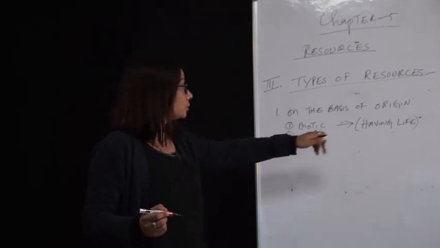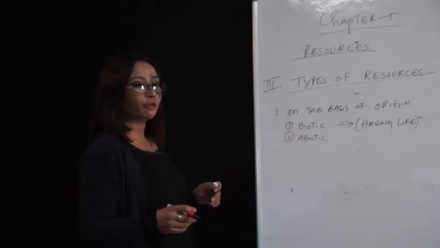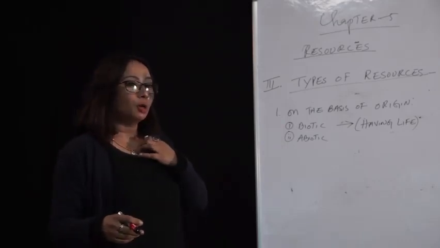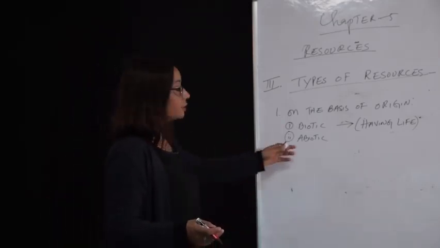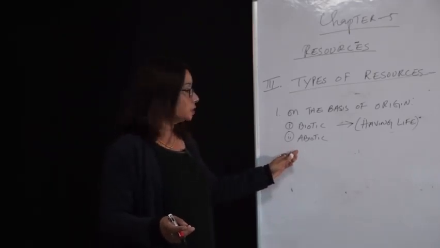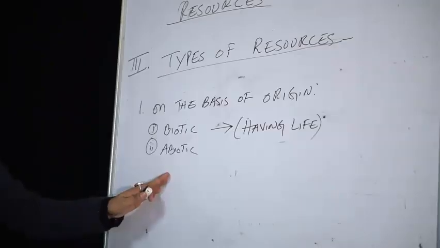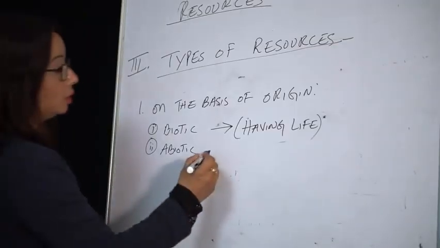Example of biotic resources, very simply to remember, those resources which have life or which come from the biosphere. Then abiotic means non-living. These are composed of non-living substances like rocks, minerals, soil. We talk about all this as abiotic or non-living.